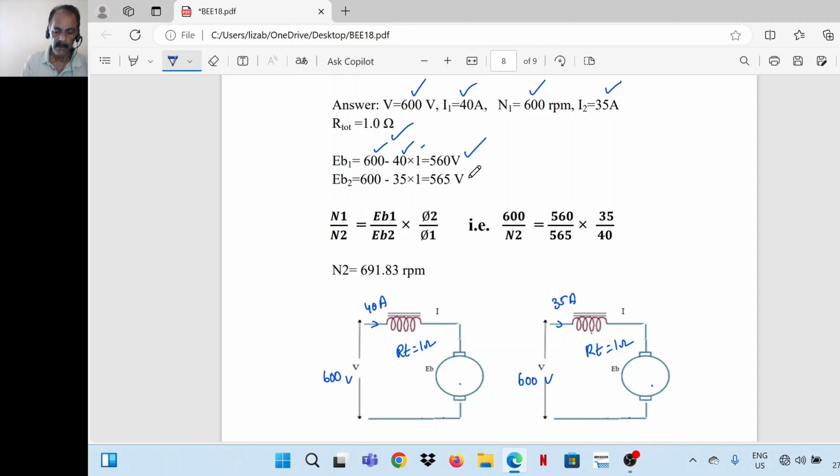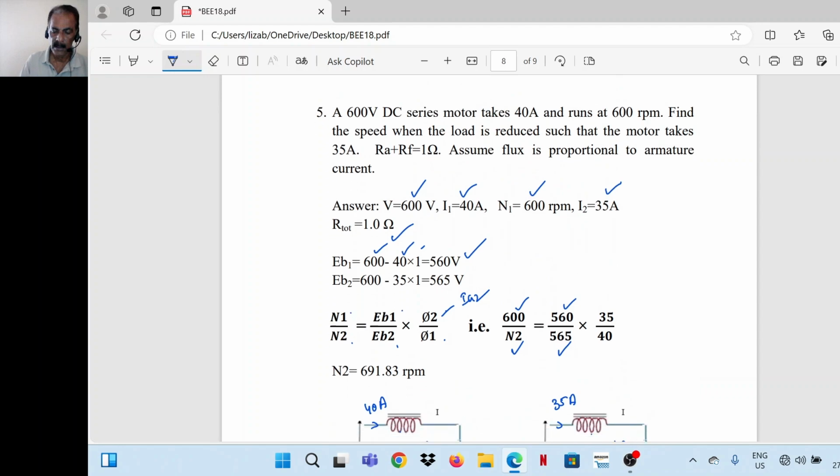Now substitute in the equation N1 by N2 is equal to EB1 by EB2 into phi 2 by phi 1. N1 is 600 RPM, N2 we have to find out. EB1 560, EB2 565. Instead of phi 2, we have to write IA2, as it may be given in the question, assume flux is proportional to armature current.